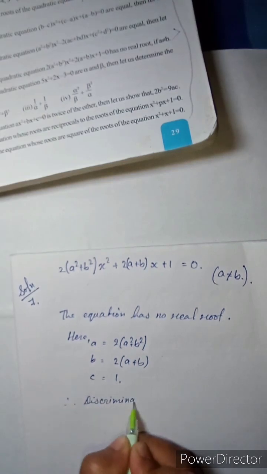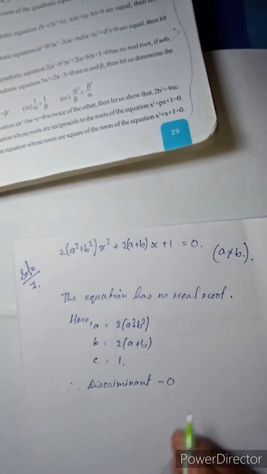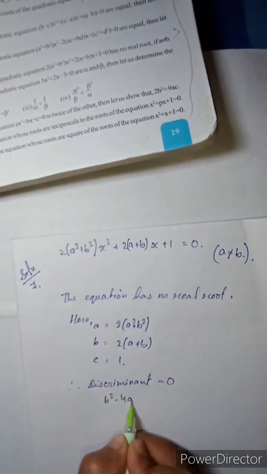Therefore, the discriminant is b square minus 4ac, and it is not equal to 0.